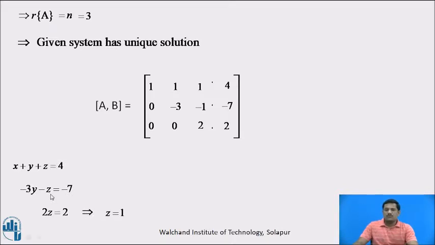Substituting the value of z equal to 1 in the second equation, we get minus 3y minus 1 equal to minus 7, which implies y is 2. And substituting z as 1 and y as 2 in the first equation, we get x plus 2 plus 1 equal to 4, which implies x is 1. So x equal to 1, y equal to 2, z equal to 1 is the required unique solution of the given system of non-homogeneous linear equations.